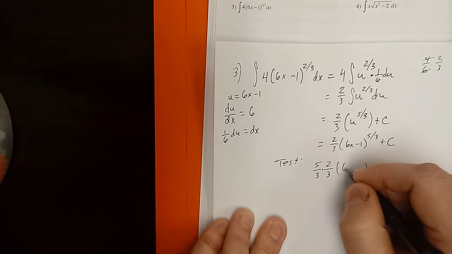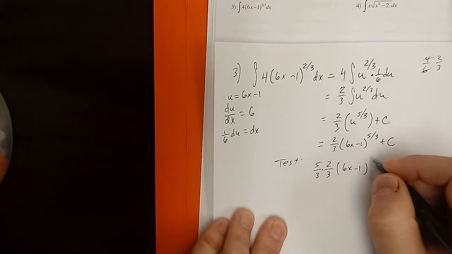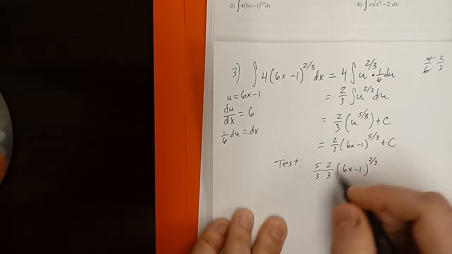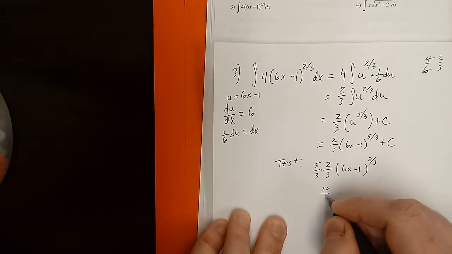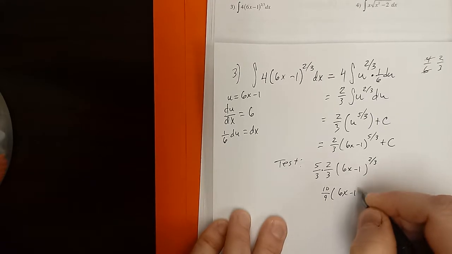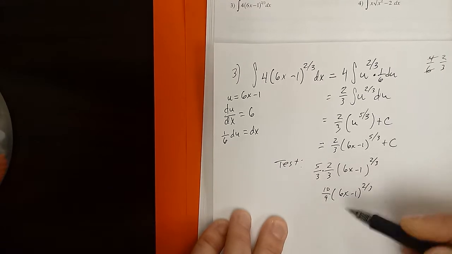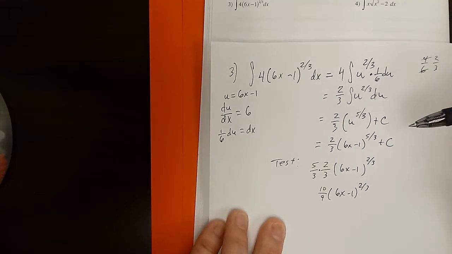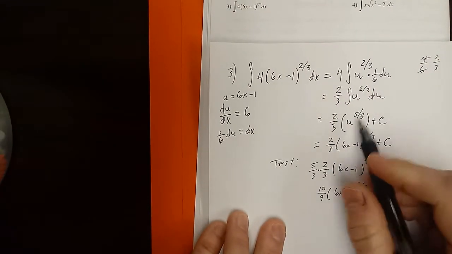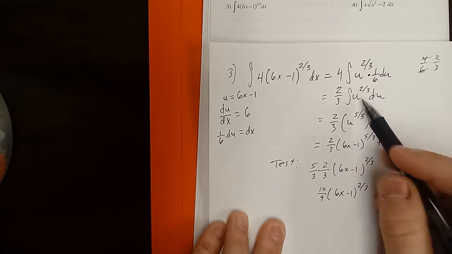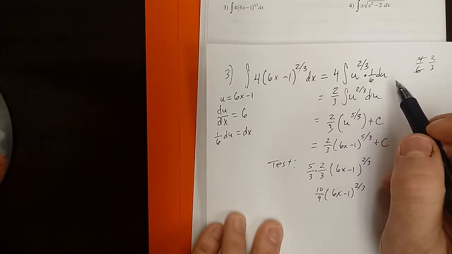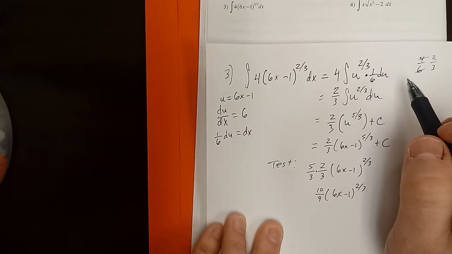I made a silly mistake. Okay, sorry. 6x minus 1, then the 2/3. So we're subtracting 1. The c goes away. And when I simplify this, I wind up getting 10/9 6x minus 1 to the 2/3. So that's not actually what we started with. And the reason is I forgot here. When, oh my gosh.